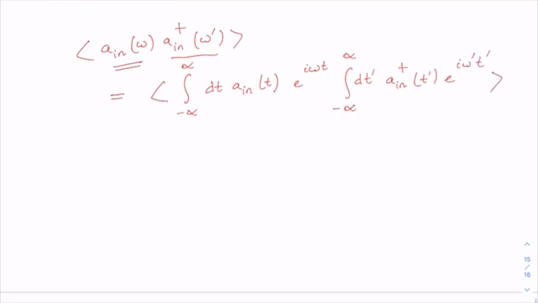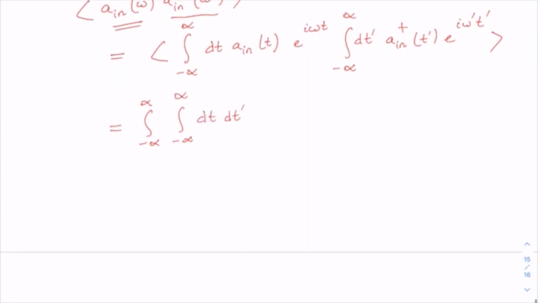Then I have the double integral over t and t dash of the expectation value of A in T, A in dagger T dash, with e to the power I omega dash T dash plus omega t.